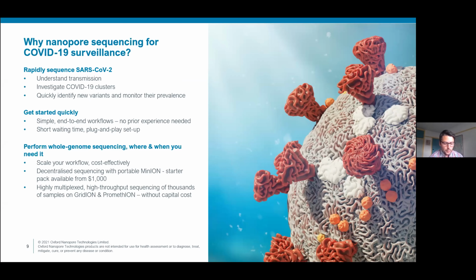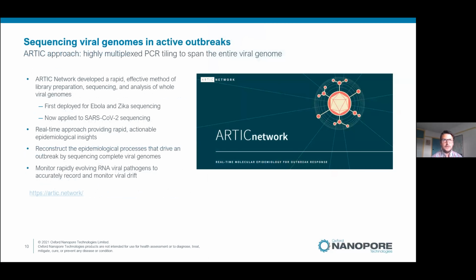And depending on what any user wants to do, they're able to either sequence small amounts or have a highly multiplexed, high throughput system that is able to sequence thousands of samples on either a GridION or a PromethION with no capital costs.